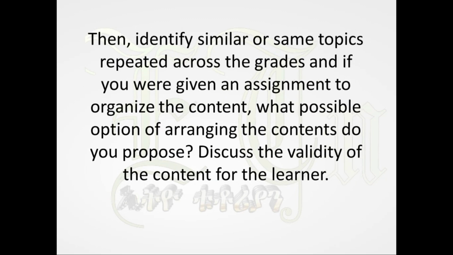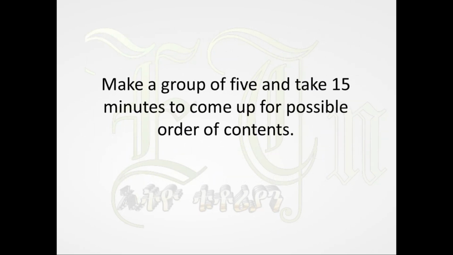Then, identify similar or same topics repeated across the grades, and if you were given an assignment to organize the content, what possible option of arranging the contents do you propose? Discuss the validity of the content for the learner. Make a group of 5 and take 15 minutes to come up with a possible order of contents.